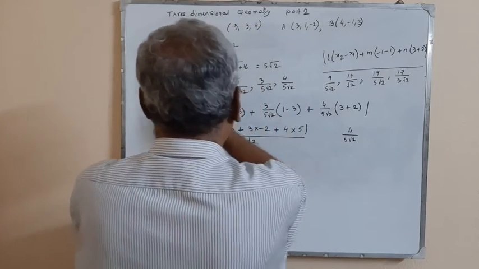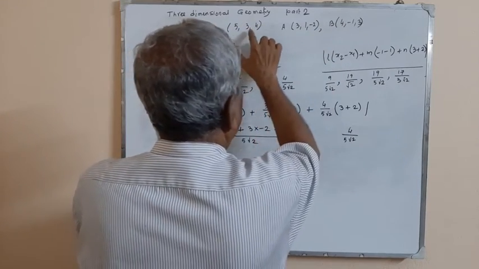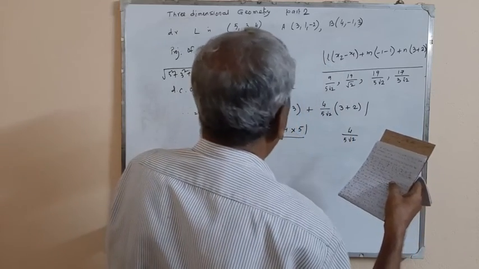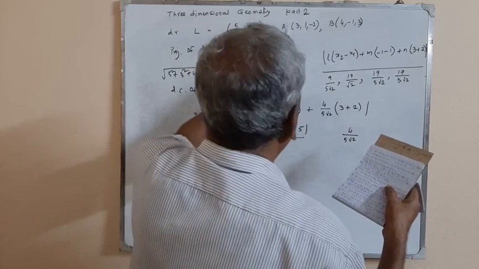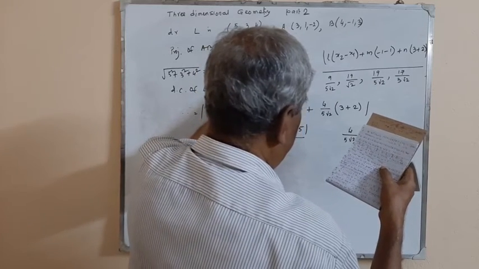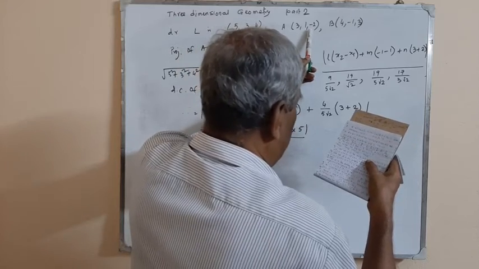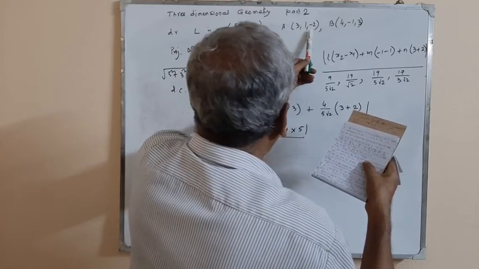So L is 5, 3, 4, just 1 minute, let me check. A point is 3, 1, minus 2, and B point is 4, minus 1, 3.